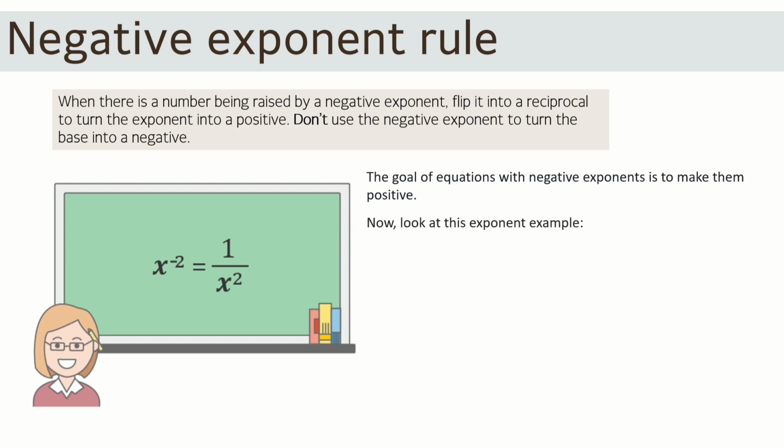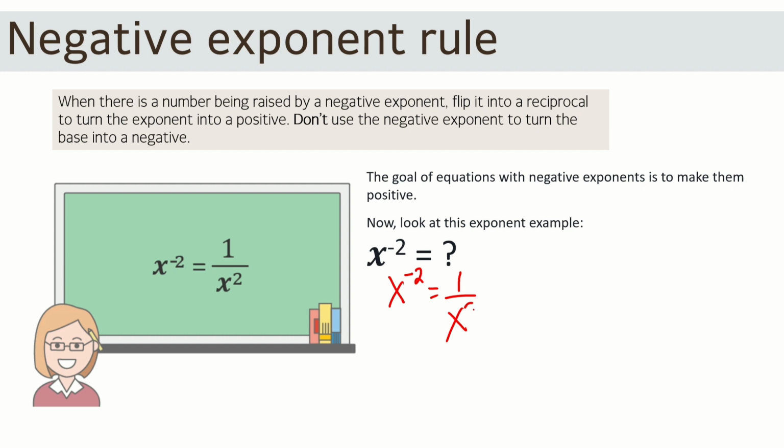So let's look again at the example x raised to negative 2. To make a number into a reciprocal, the first step is we turn the number into a fraction. So that means we're going to put it over 1. So we have here x raised to negative 2 is equal to 1 all over x.